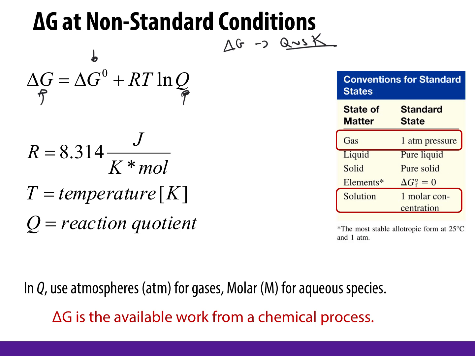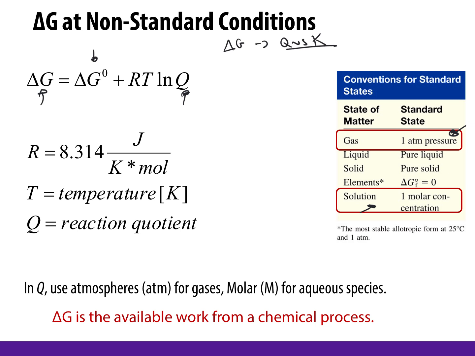When we write Q for this, we're going to use gases in atmospheres and aqueous species in molarity. This also explains the variable we used here, which is called free energy.